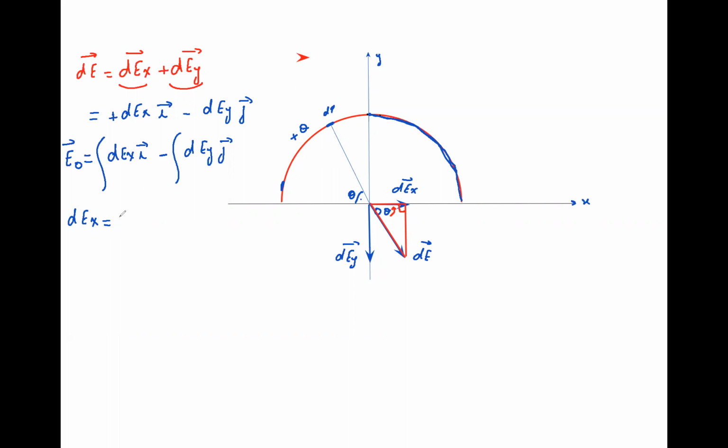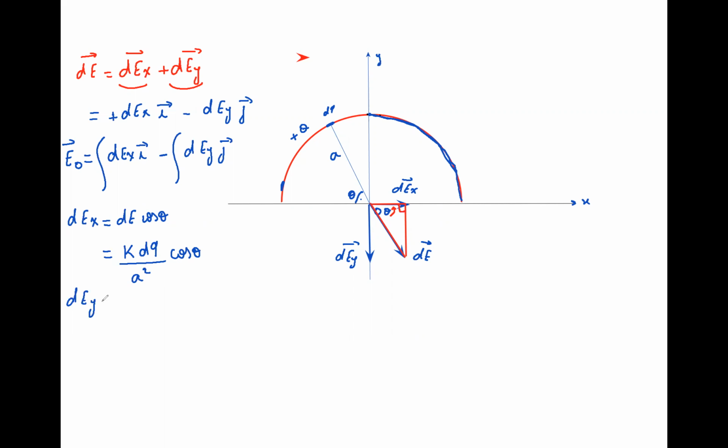So dEx equal dE cosine theta equal K dQ divided by the distance between dQ and the point O, which equal A square, times cosine theta.